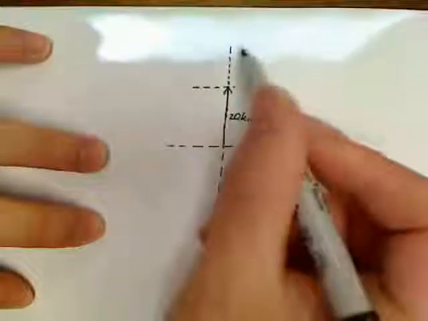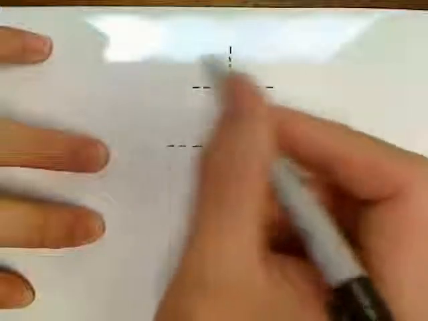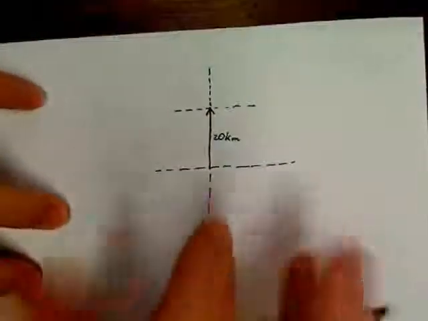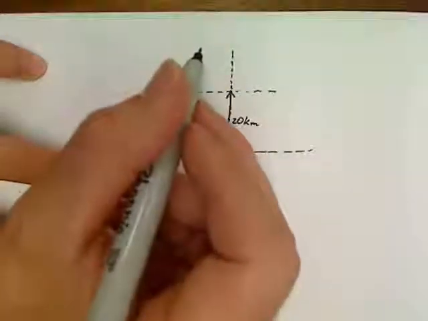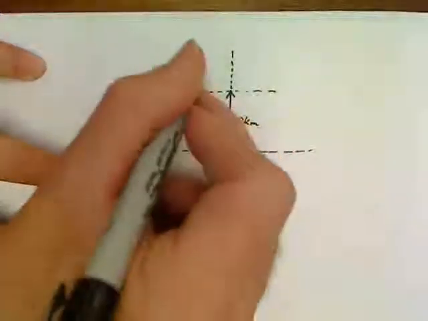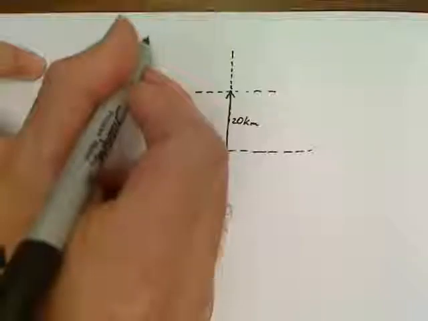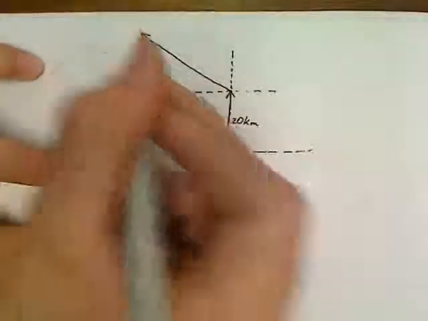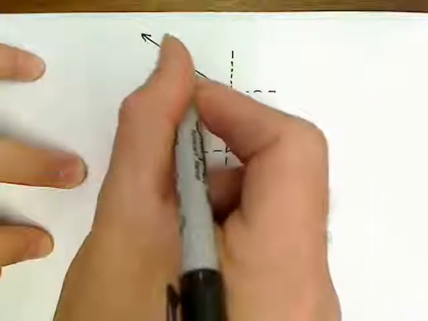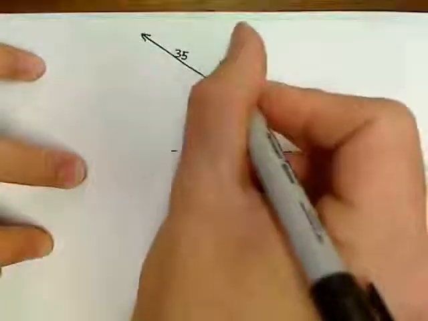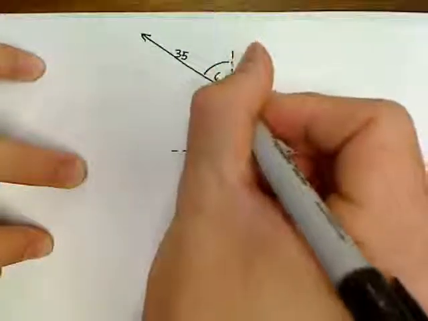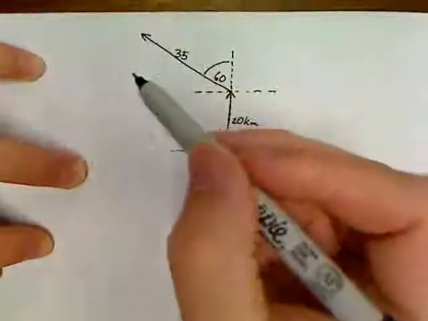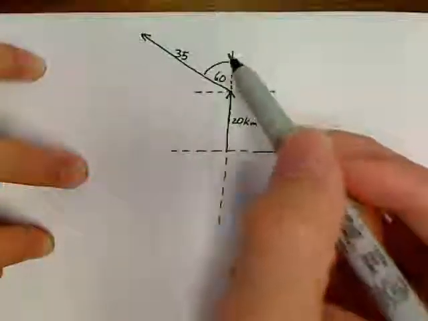So west of north is in this quadrant up here. So 60 degrees west of north, 35 kilometers. So there's 35. An angle of 60 degrees west of a north line.